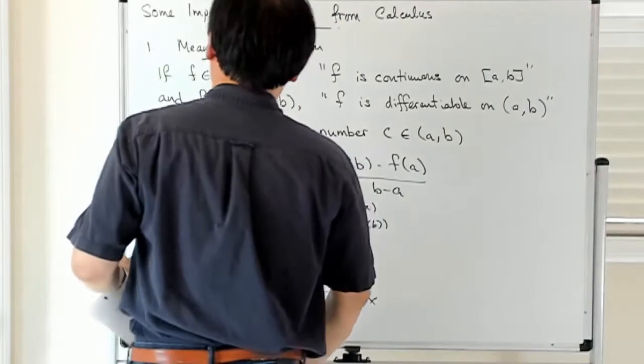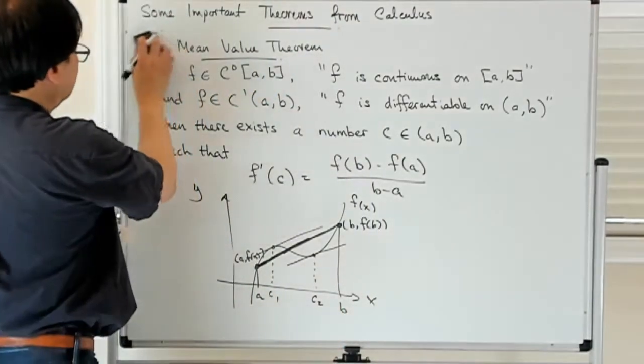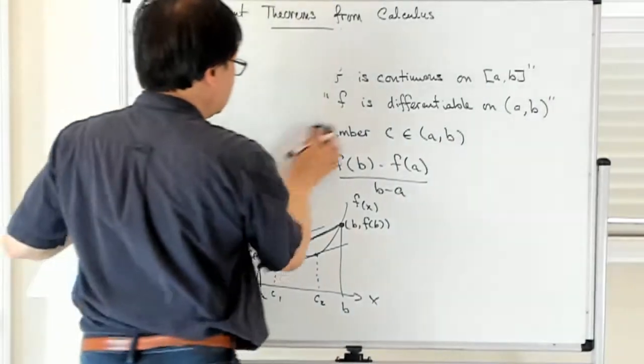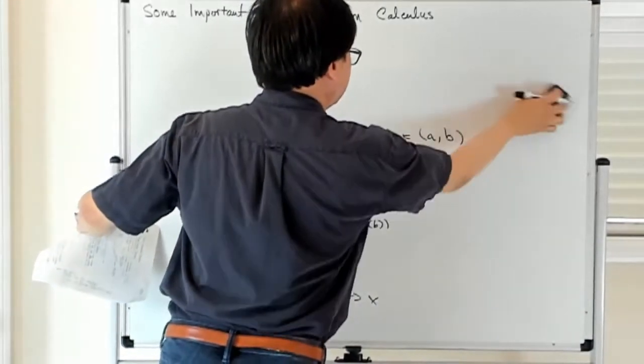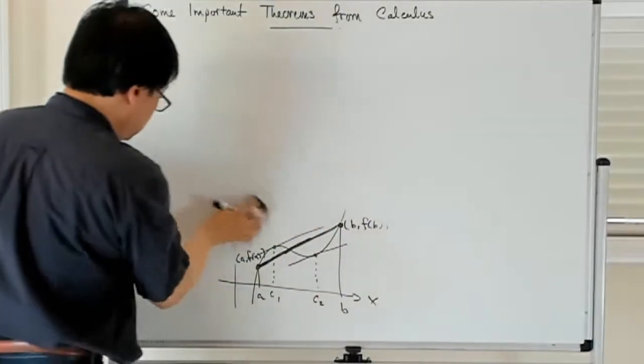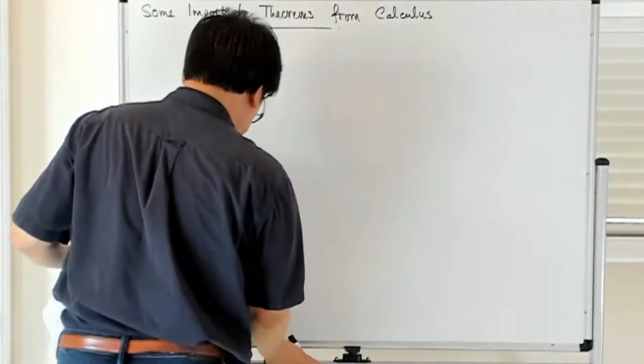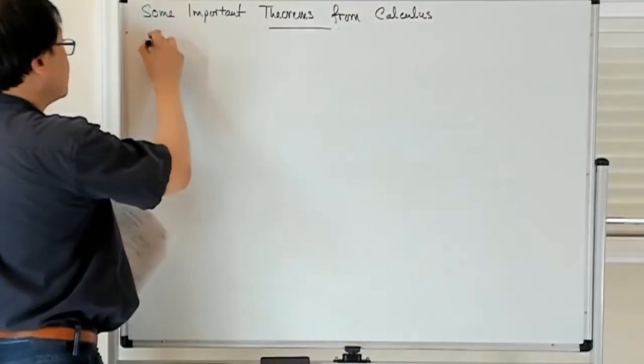All right, and then the next thing which we're going to use is what's called the intermediate value theorem.